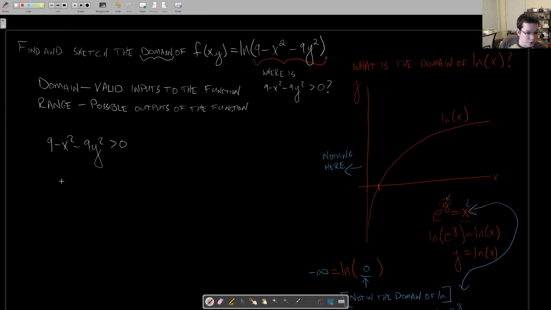Okay. So we have a bunch of square numbers here. So maybe 9 minus x squared minus, nope, hang on. 9y squared minus x squared greater than 0. Can I do it this way? 9 minus 9 times 1 minus y squared minus x squared greater than 0.